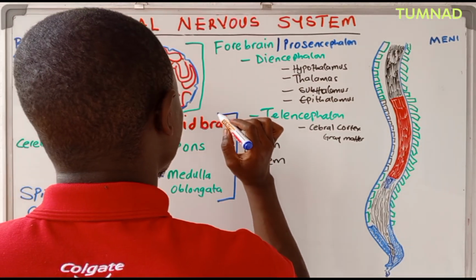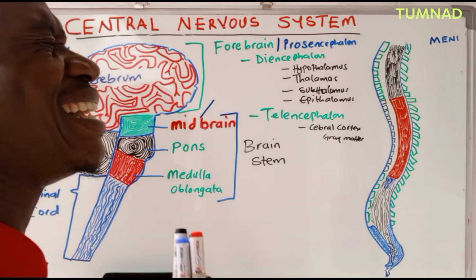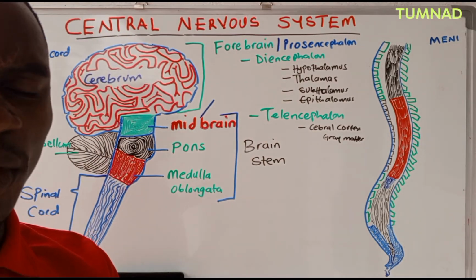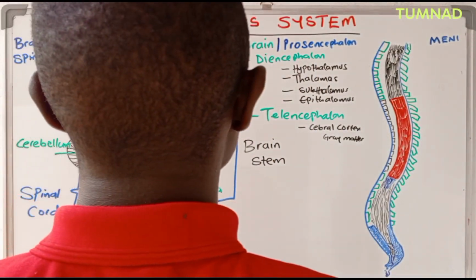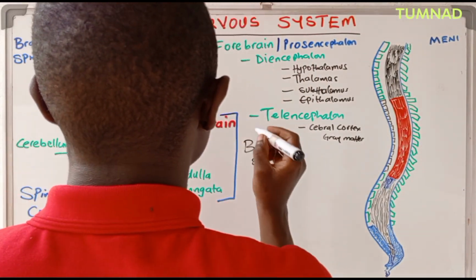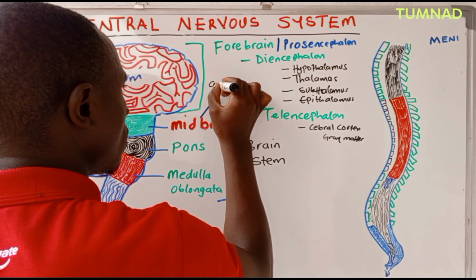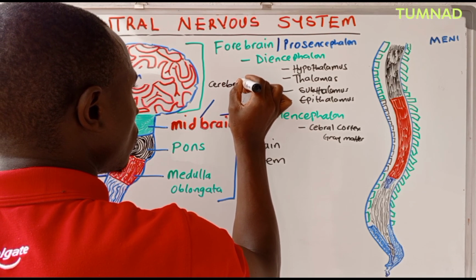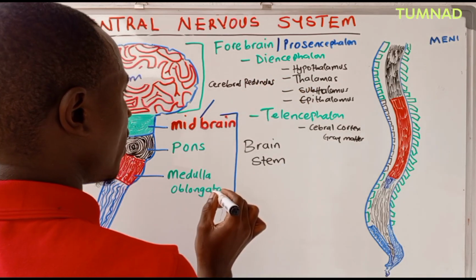So now, what are some of those parts that are located in the midbrain? There are a lot of structures that you are going to see in the midbrain. Some of these structures, we have the cerebral peduncles.